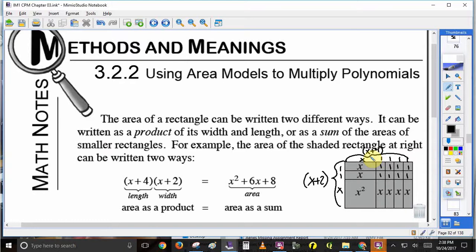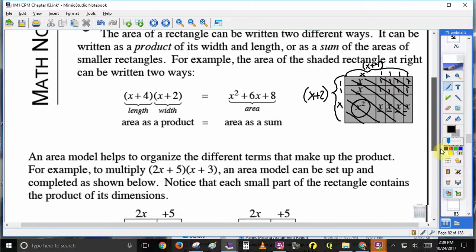And we multiply those together, we know that we get the inside, which is the area of this whole thing, which is x squared plus 1, 2, 3, 4, 5, 6x plus 8. And we have both of those ways written right there.